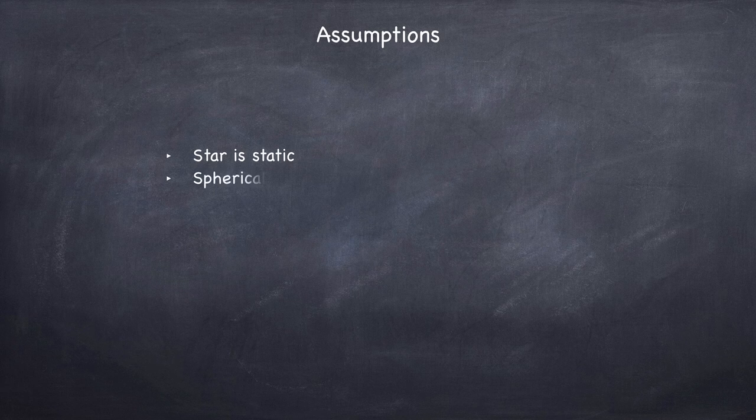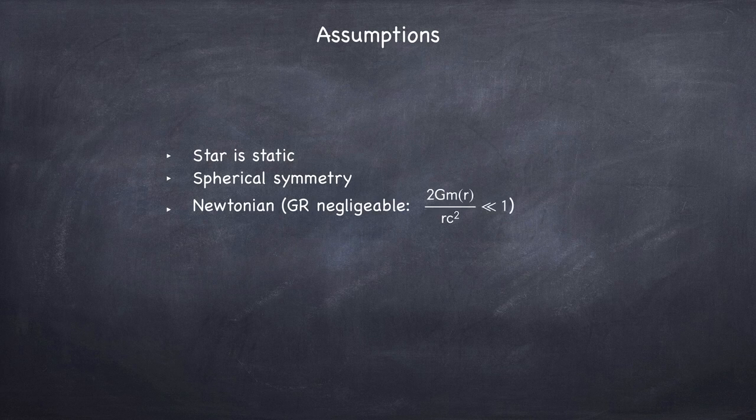Before we begin, we're going to make a few assumptions. First, we're going to assume that the star is static, meaning it's neither contracting nor expanding. We're also going to assume it's spherically symmetric. We're going to assume that Newtonian gravity is sufficient, meaning that corrections due to general relativity are negligible.